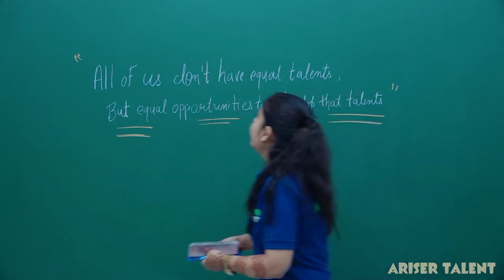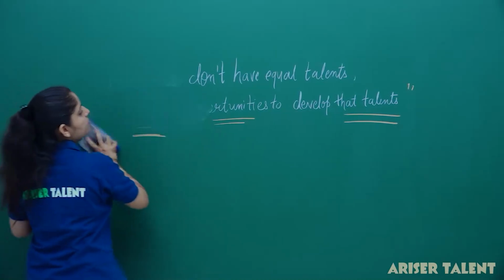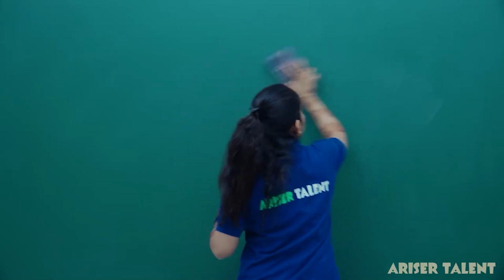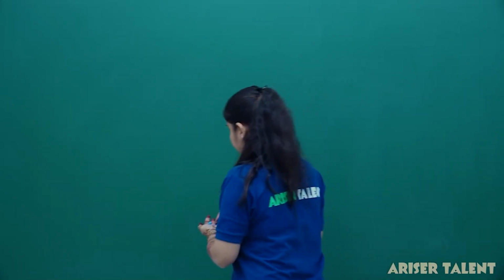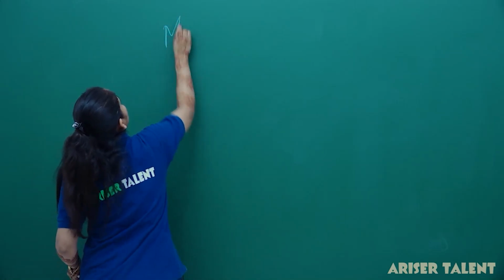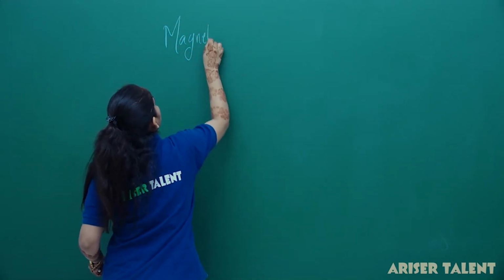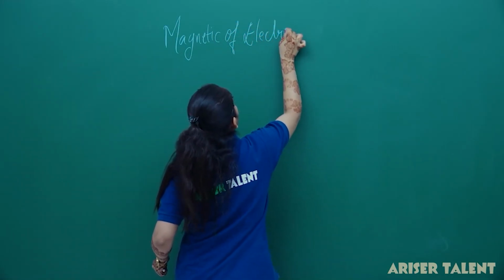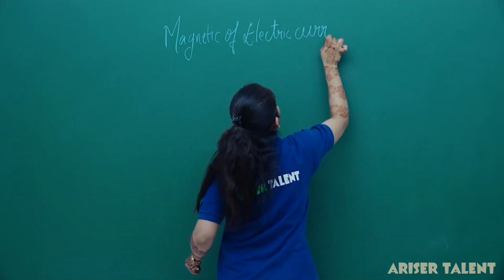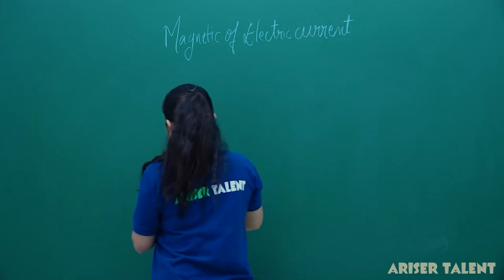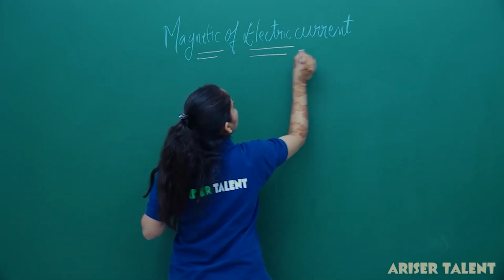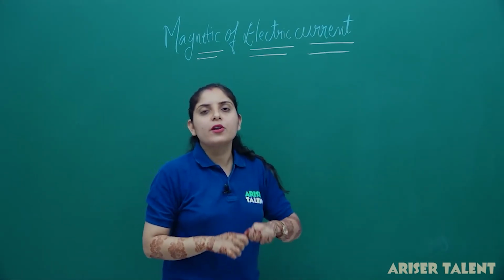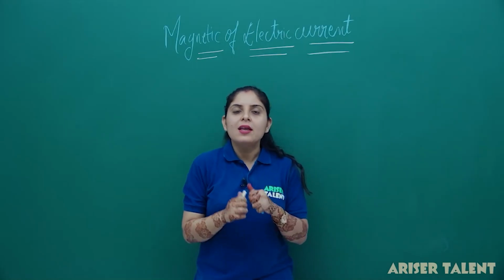So in our second chapter of physics, that is about magnetic effect of electric current. Today we are going to discuss a very important and very interesting topic, that is about the electric motor.